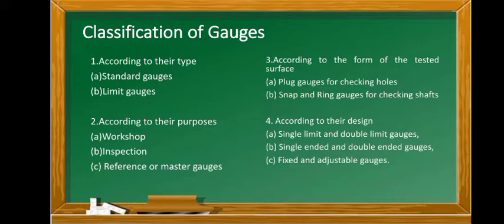Third, according to the form of the tested surface, like plug gauges for checking holes or snap and ring gauges for checking shafts. Fourth, according to their design, like single limit and double limit gauges, single-ended and double-ended gauges, and fixed and adjustable gauges.